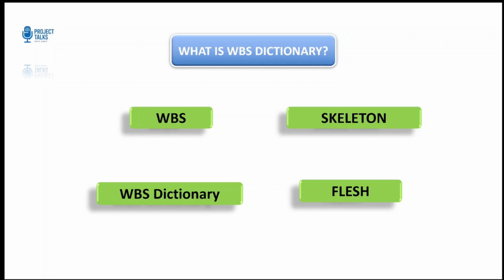While the WBS shows what needs to be delivered, the WBS dictionary explains each deliverable in detail. It describes the work package, who owns it, what the deliverables look like, and how it will be accepted. Let's look at an example.